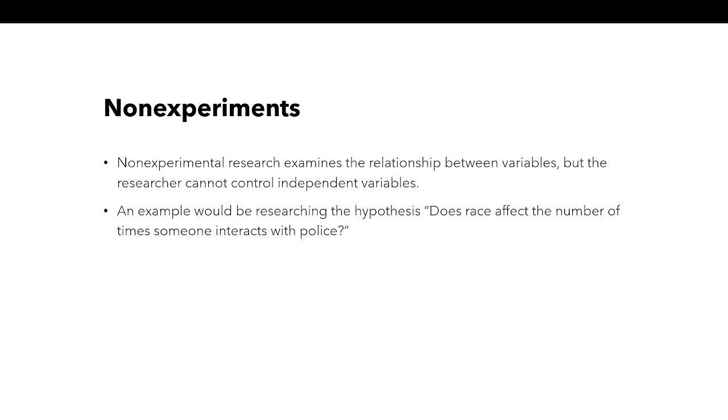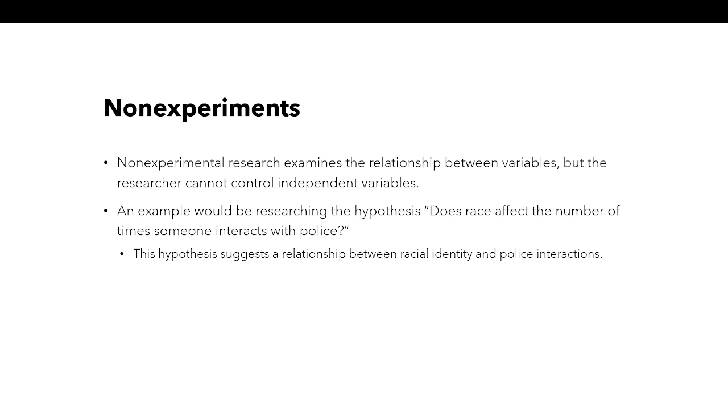And so we have our hypothesis, and identifying our two variables, one of which is race as our cause variable, and the other of which is the number of times someone interacts with police as our dependent variable.